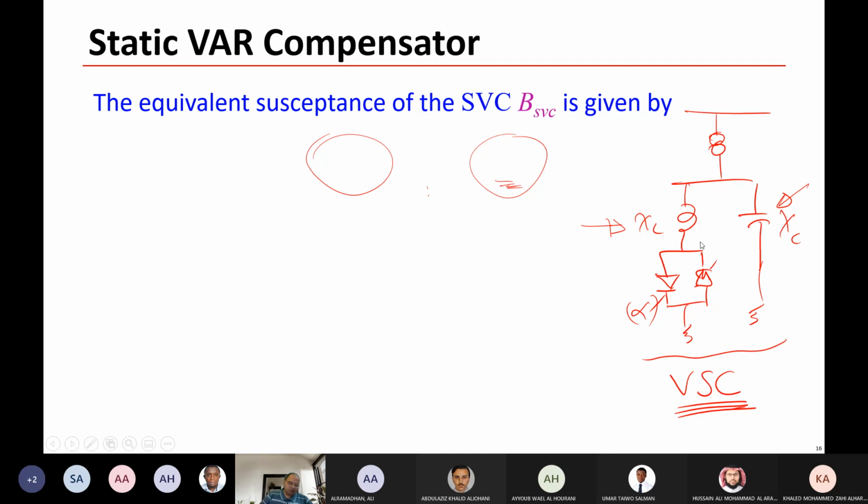This is just a brief introduction to the second generation. Of course, there are a lot of details, but the idea is the same. We need to extend the power stability by modulating the power transfer. So this is the idea.